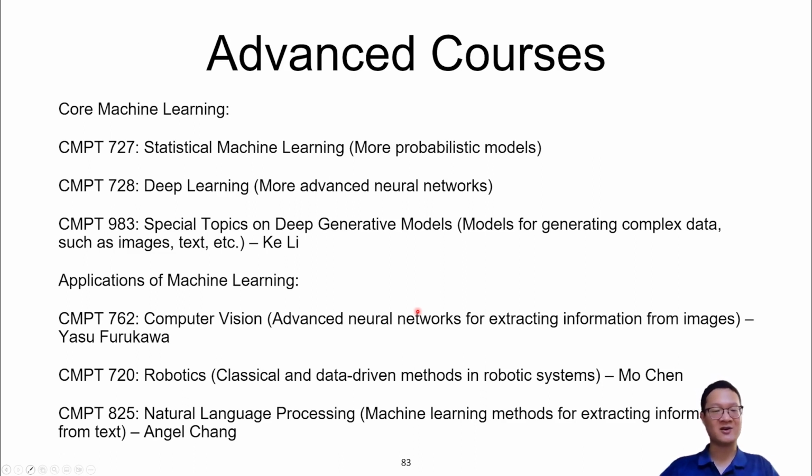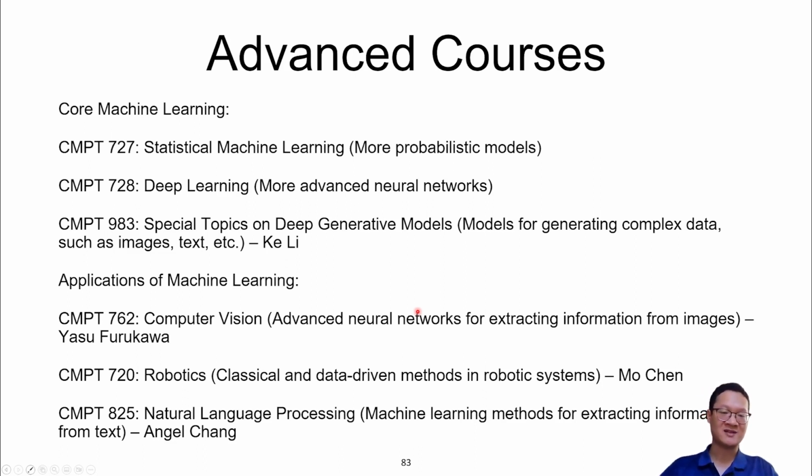There are also many courses on the applications of machine learning, such as CMPT 762, taught by Yasu Furukawa. This course uses advanced neural networks for extracting information from images. There's also CMPT 720, the robotics course that I teach.